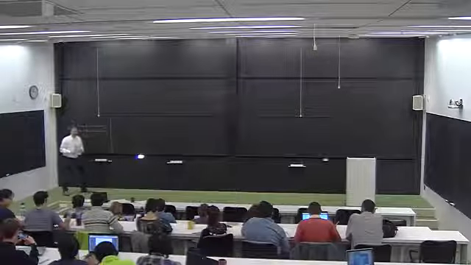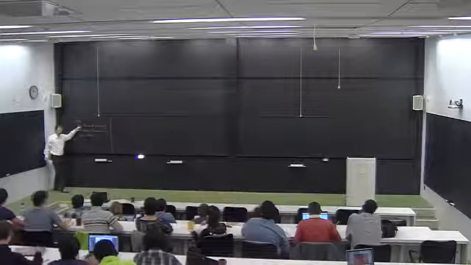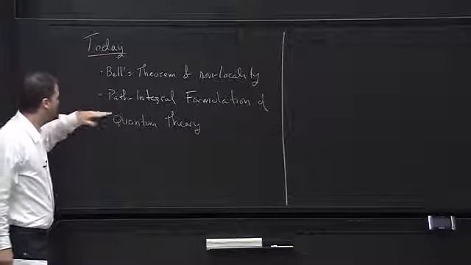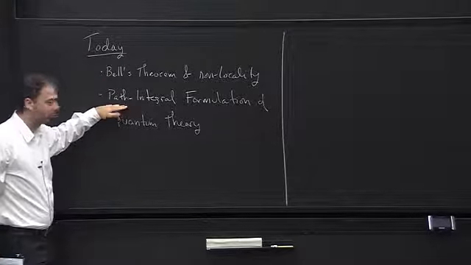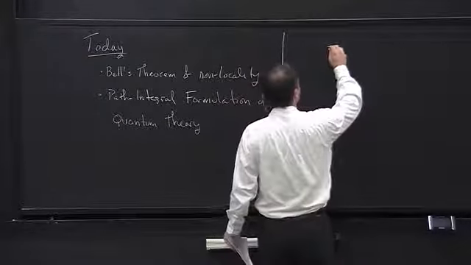Okay, so today we're going to continue our discussion of Bell's theorem and non-locality, preferably in a much more concise way. And then we'll turn to a discussion of pathological formulation of quantum theory.